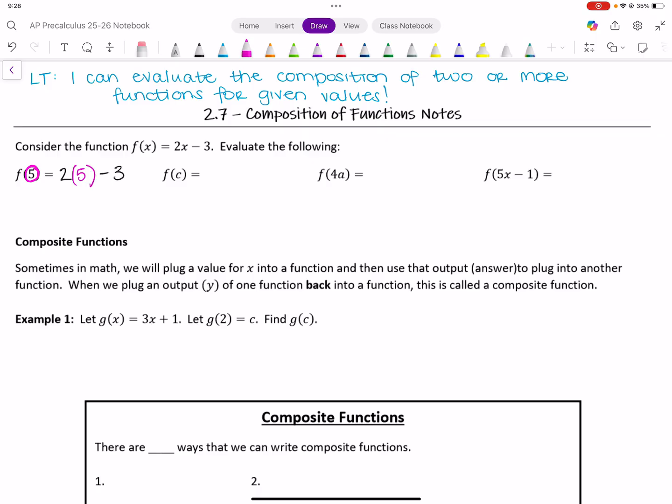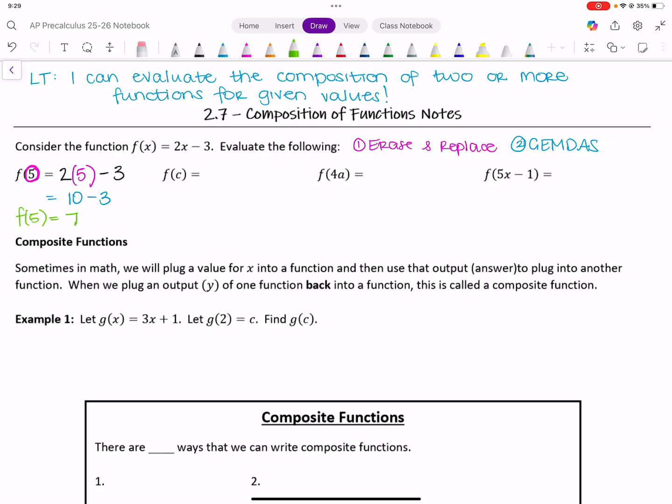Your first step is to erase and replace. And then you will simplify using your order of operations, so GEMDAS. We'll do our multiplication first. 2 times 5 is 10. And then 10 minus 3 means f of 5 equals 7.